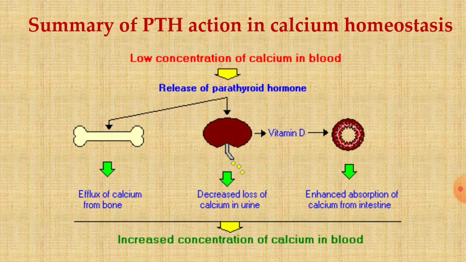From the kidney there occurs increased reabsorption of calcium and decreased reabsorption of phosphate, and also excessive formation of vitamin D. Excess vitamin D will lead to excessive absorption of calcium from the gut. So, by the combination of all these three effects, there occurs restoration of blood calcium level, which was initially low, and thereby stimulated PTH release.